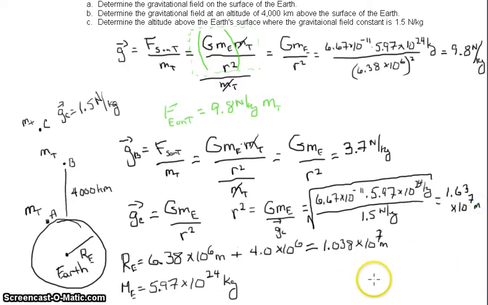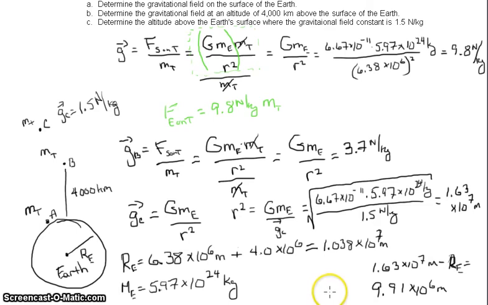Now to subtract out the radius of the Earth: 1.63 times 10 to the 7th meters minus the radius of the Earth will equal 9.91 times 10 to the 6th meters.